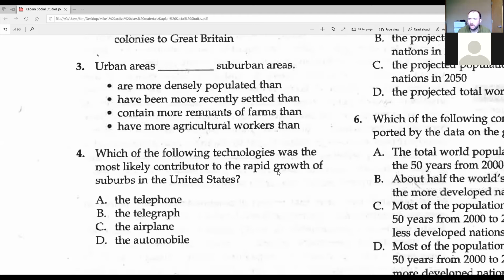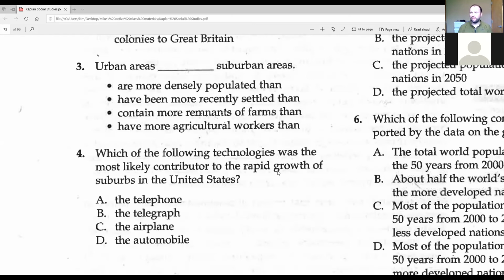Which one would lead to people living somewhere different? So the first 2 that I would throw out most quickly are the telephone and the telegraph, because they don't deal with transportation per se, right? Now, in today's day and age, you could maybe say that the telephone or certainly the internet may have led to more people living wherever they want because they can work remotely.